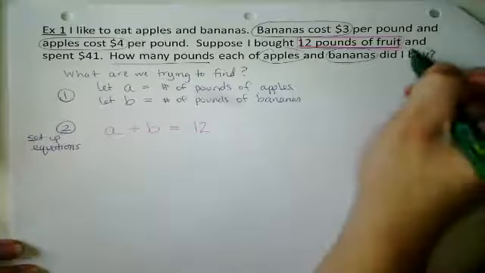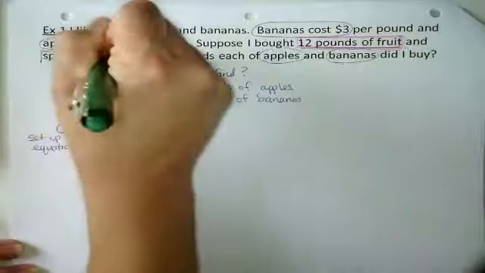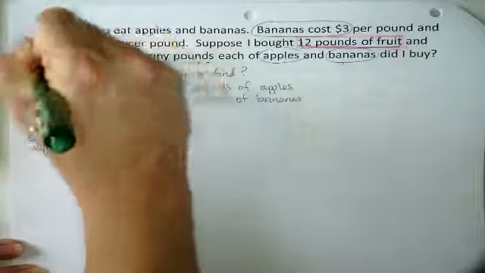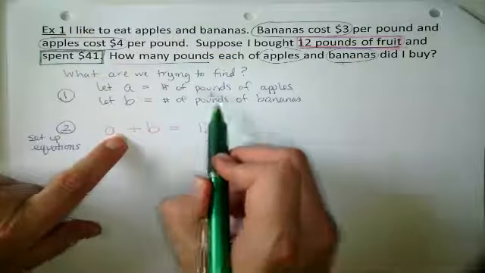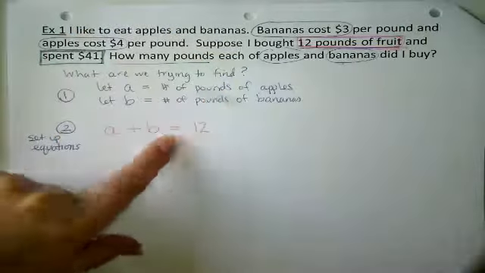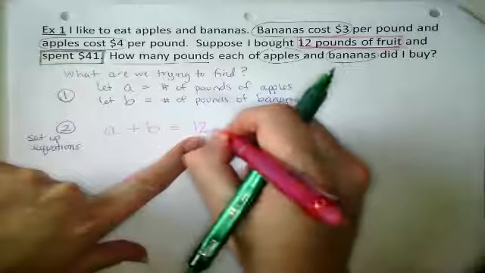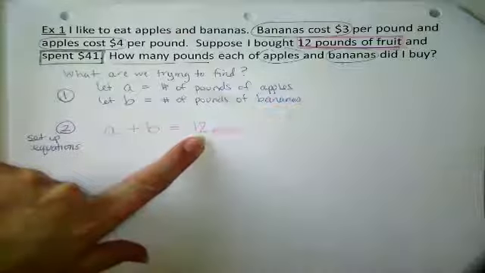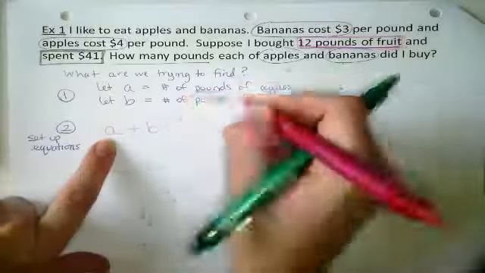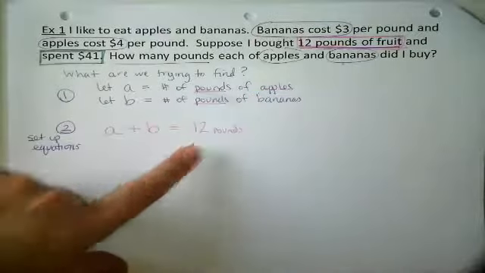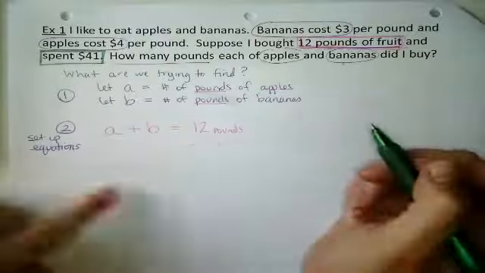Then it says that I spent $41. So you'll notice here we have pounds of apples, we have pounds of bananas, and this is 12 total pounds. Okay, very important that all those units match. A, pounds of apples, B, pounds of bananas, and 12 pounds of fruit.